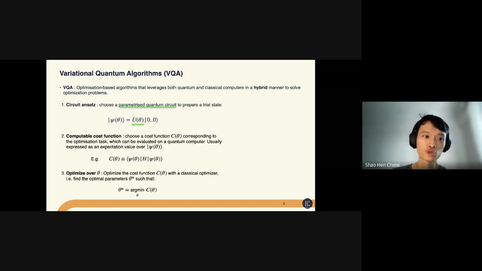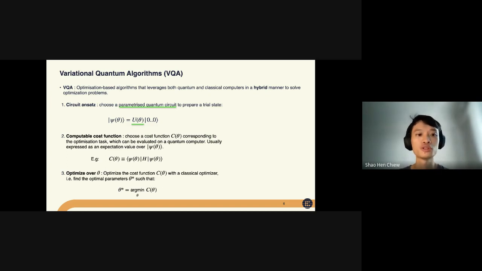There are three main components to variational quantum algorithms. The first is to choose a circuit ansatz. A circuit ansatz is a parameterized quantum circuit that is used to prepare a trial state.